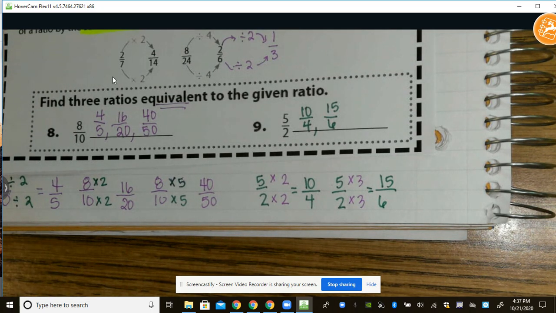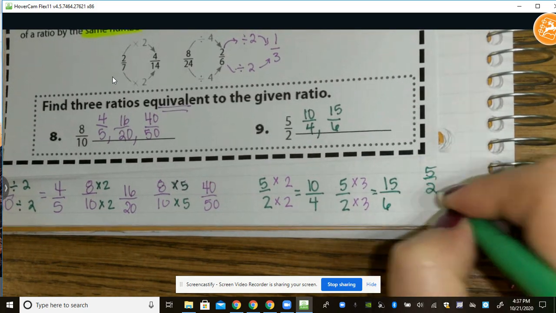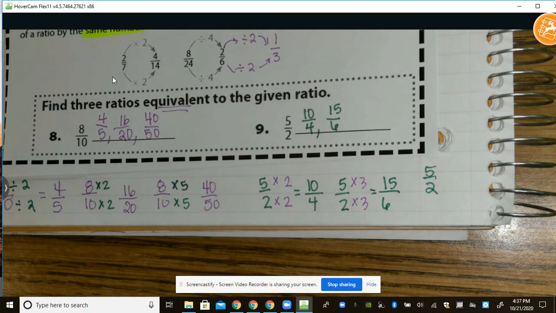All right. Finally, let's do one more. So I'm going to do 5 halves. I multiplied by 2. I multiplied by 3. It could be any number that you want. We've done 2 and 3, so let's do 6.